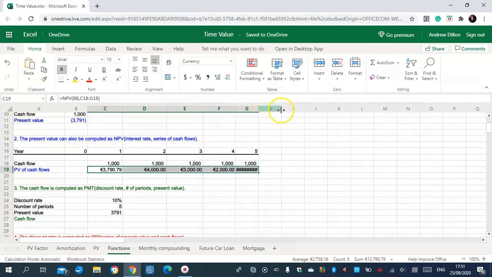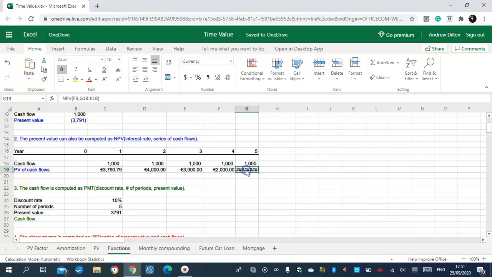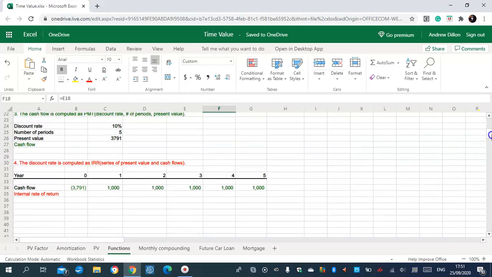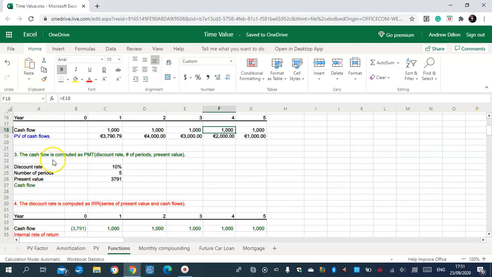Just making the widths bigger so we can see the numbers visually. Okay, so let's go down. This is the cash flows computed. This is the PMT, periods, present value.